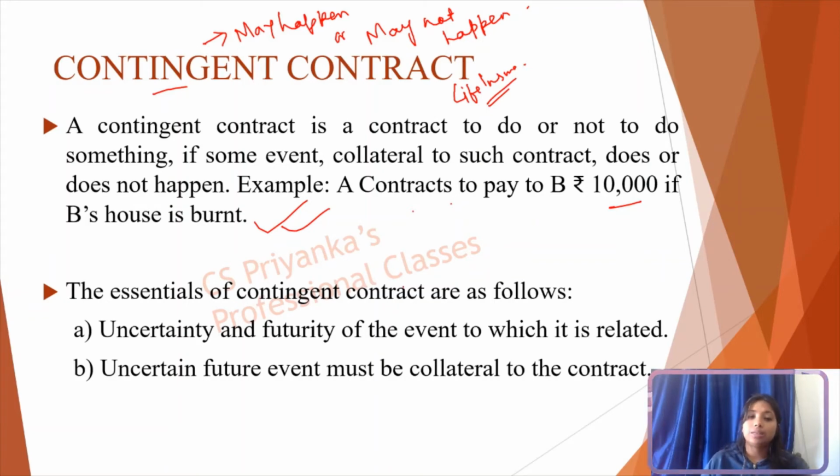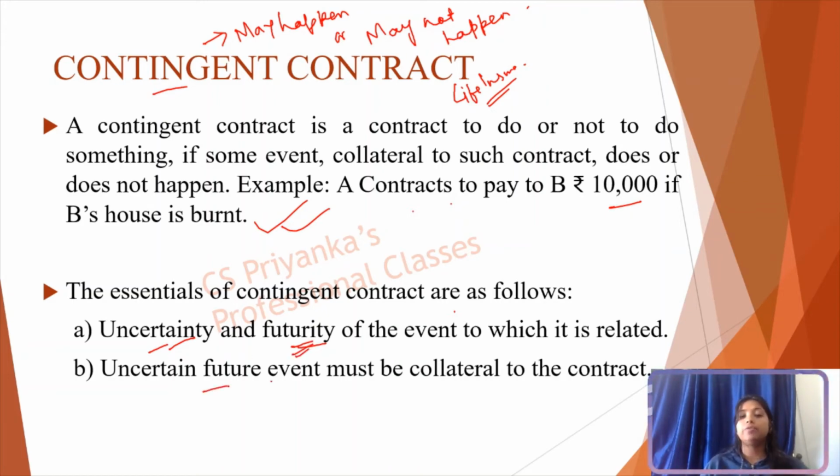Some essentials are there. The essentials of a contingent contract are as follows. It's a totally uncertain, future event to which it is related. It is uncertain. You don't know, it may happen, may not happen, and it is all linked with the future. In future, whether it will happen or not, you don't know. So it's uncertain first of all, and it is going to happen in future.